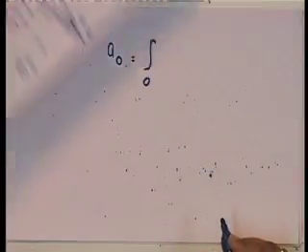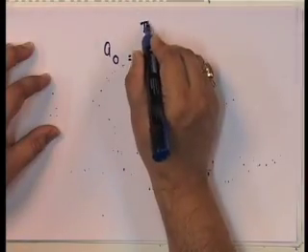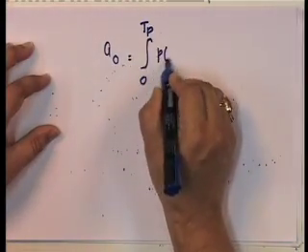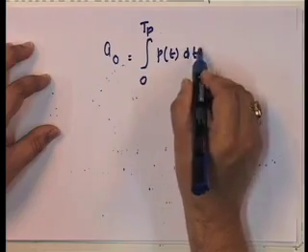Just the notation. So, this becomes 0 to Tp, P of t dt.